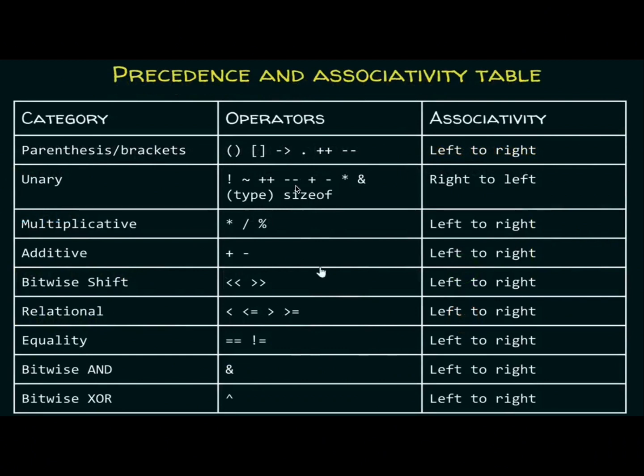Down here we have the unary operators. This one is the logical not operator. Then we have the bitwise negator, then the increment. Here we also have the plus and the minus.